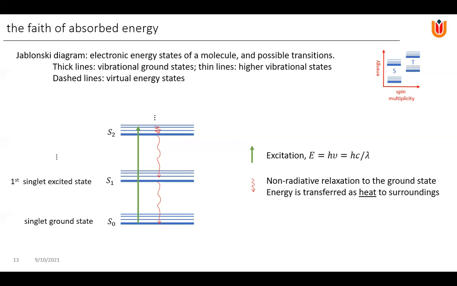From that, a number of processes can occur. You could have a non-radiative transfer, for example, just fall back from some excited state to some ground state level, then back to another ground state level, and maybe even back to the ground state. In that case, there would be no energy emitted.